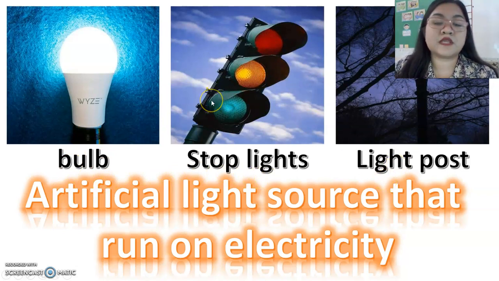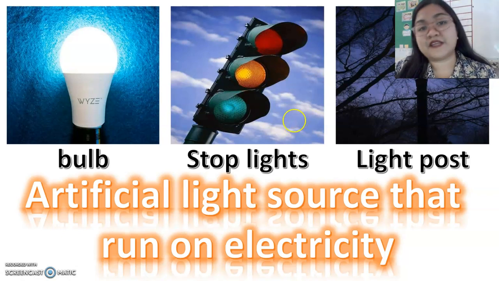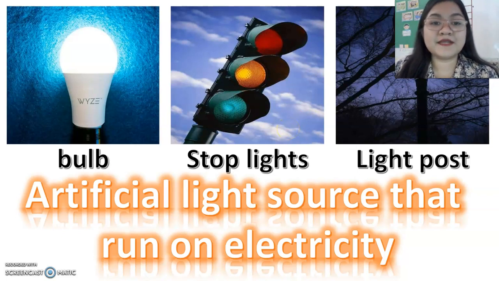Can you give teacher another example of lights that run on electricity? We have flashlight, computer, phone, laptop, projector, LED. Okay, very good. So anything that gives light and runs on electricity.